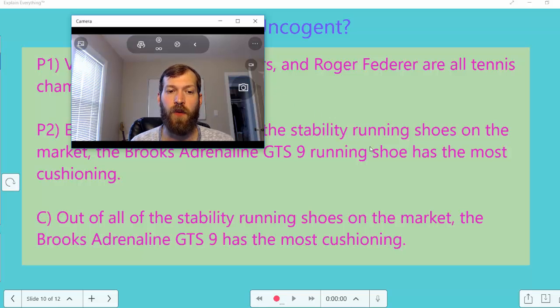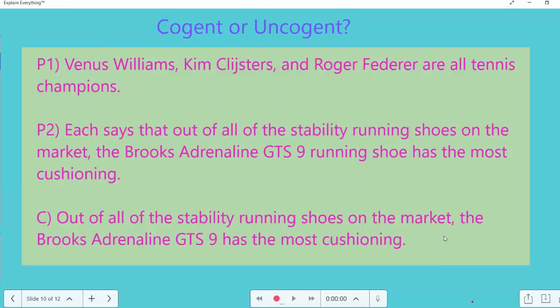Therefore, out of all of the stability running shoes on the market, the Brooks Adrenaline GTS 9 has the most cushioning. So go ahead and pause the video for a moment and determine whether you think this is a cogent argument or an uncogent argument.